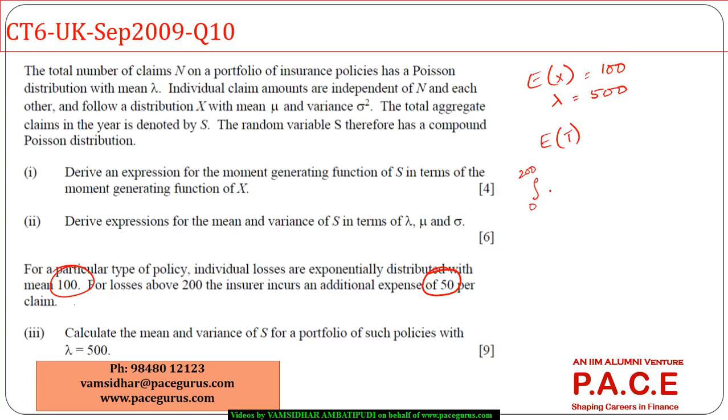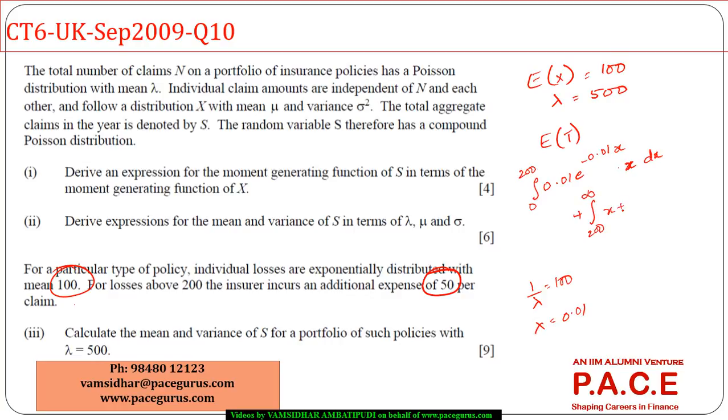Now what is lambda e power minus lambda t? Mean is 100, so 1 by lambda is 100. So lambda is 1 by 100, that is 0.01. I am finding the mean, so I am actually multiplying with the variable. Similarly, I can talk about 200.